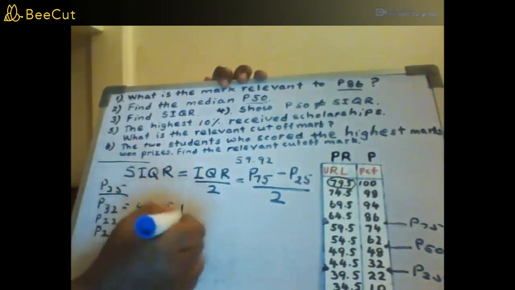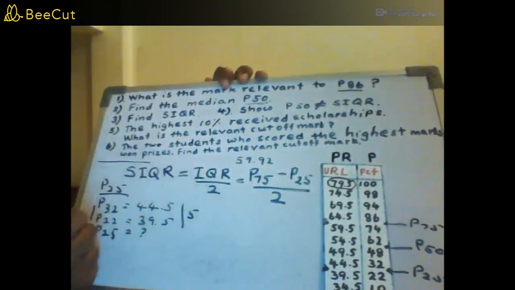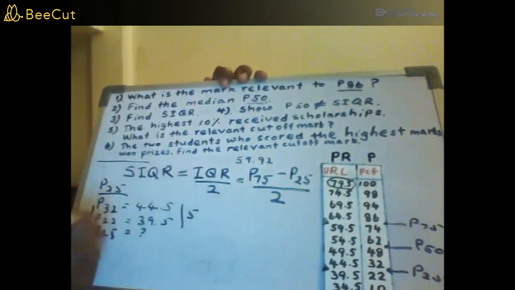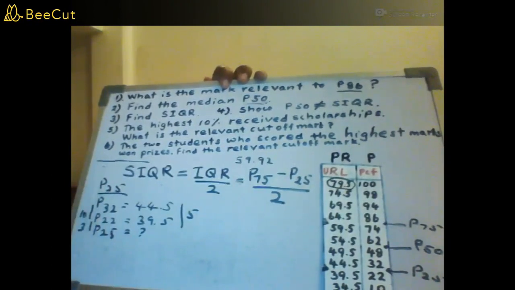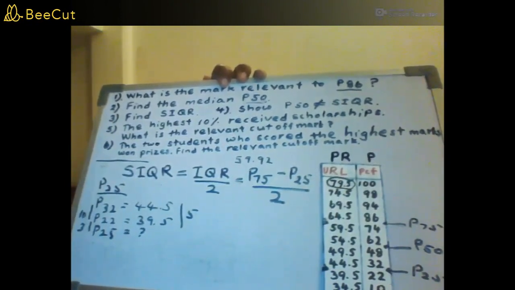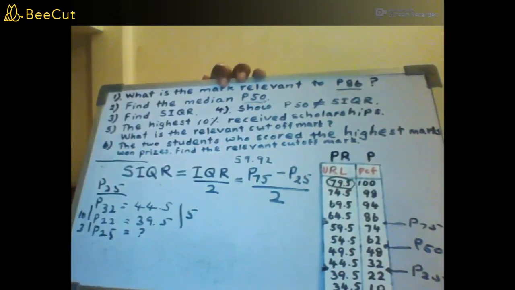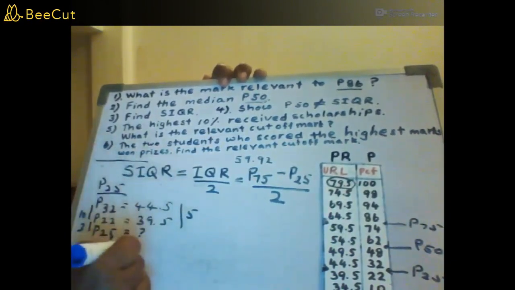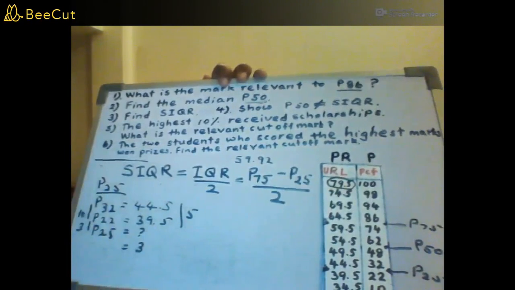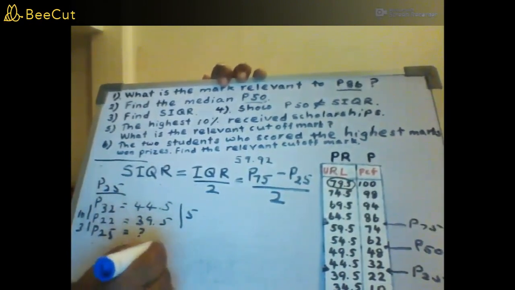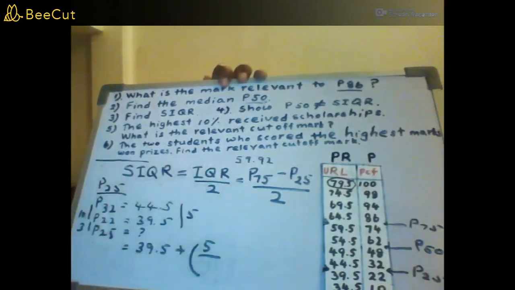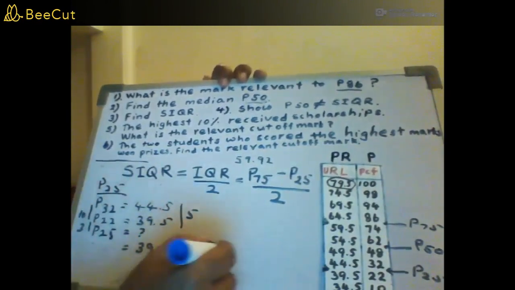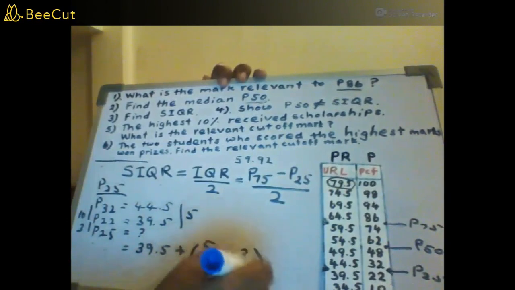Find the differences. Here it's 5, here it's 10, here 3. Then write 39.5 plus 5 divided by 10 multiplied by 3.